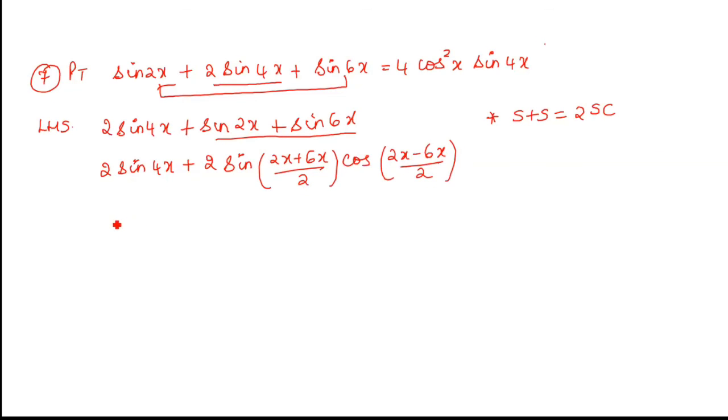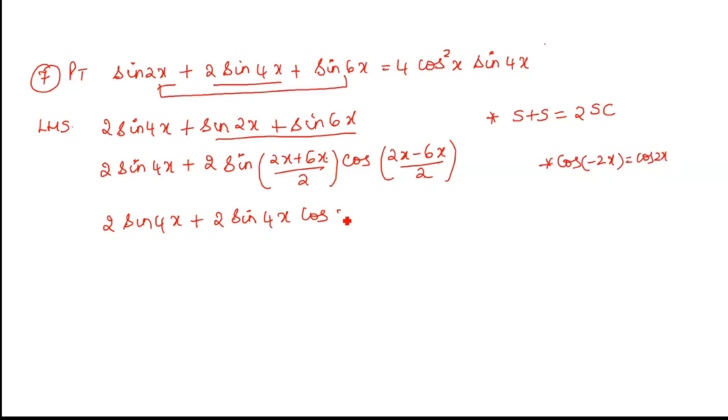So therefore that is equal to 2 sin 4x plus 2 sin. 2 plus 6 is 8. 8 by 2 is 4. So you're getting sin 4x cos. 2 minus 6 is minus 4. Minus 4 by 2 is minus 2x. Minus 2x. But I know cos of minus 2x is equal to cos 2x, because cos of minus theta is cos theta.